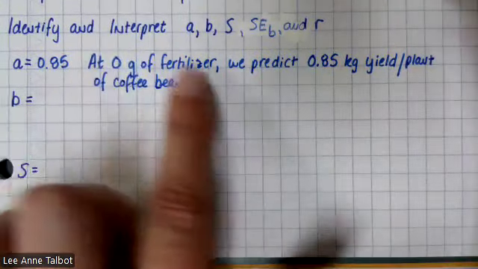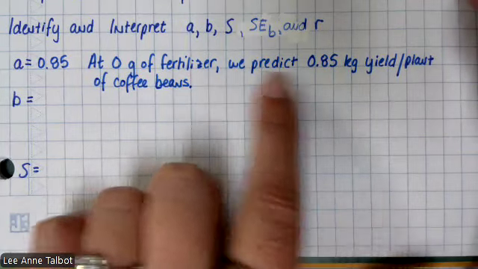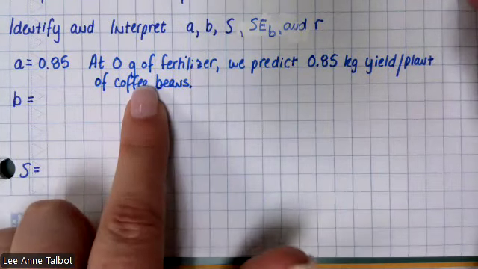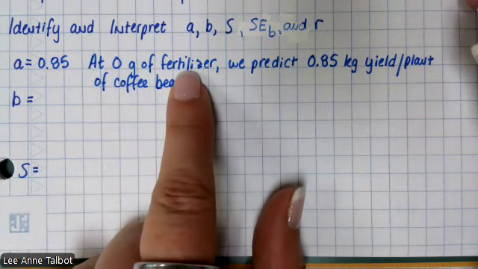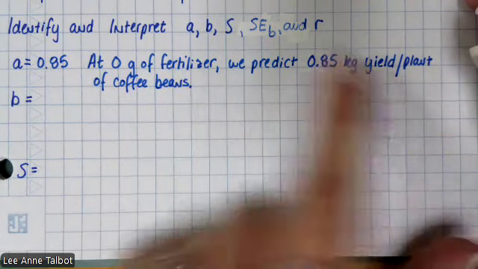At 0 of x, we predict a of y. Let me say that again. At 0 of x, we predict a of y.